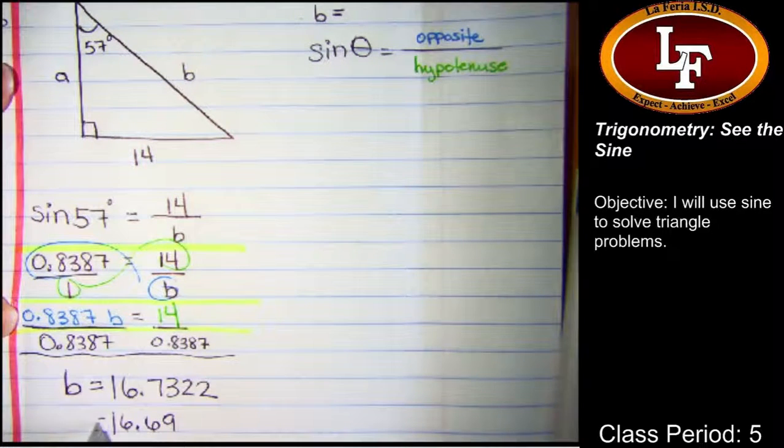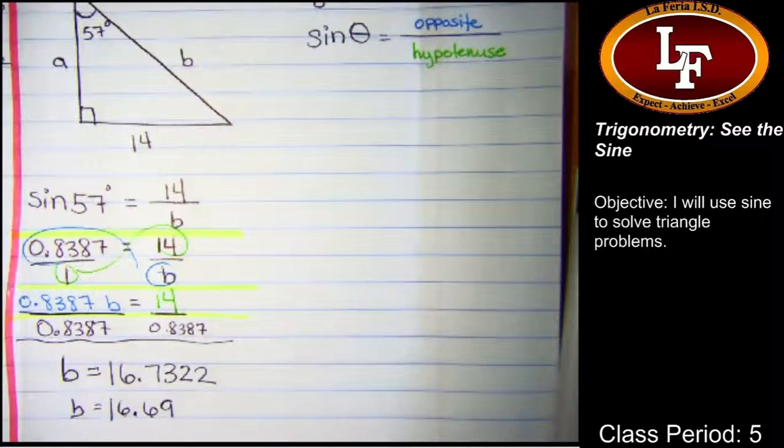Okay, both double check, and I need some other confirmations. It's 16.69. Oh, yeah, I forgot an 8. Okay, forgot an 8, no problem. All right, so there's b.